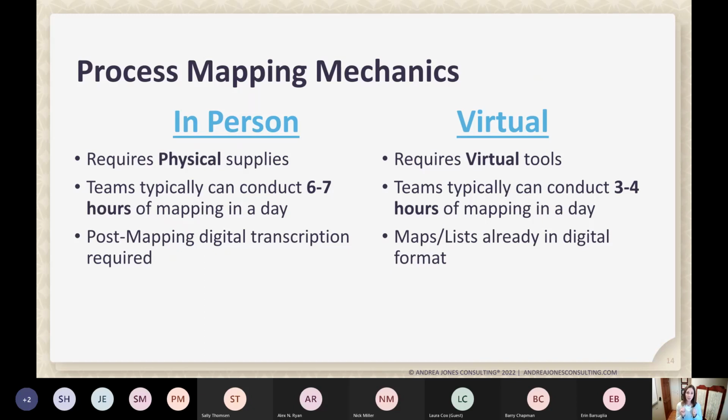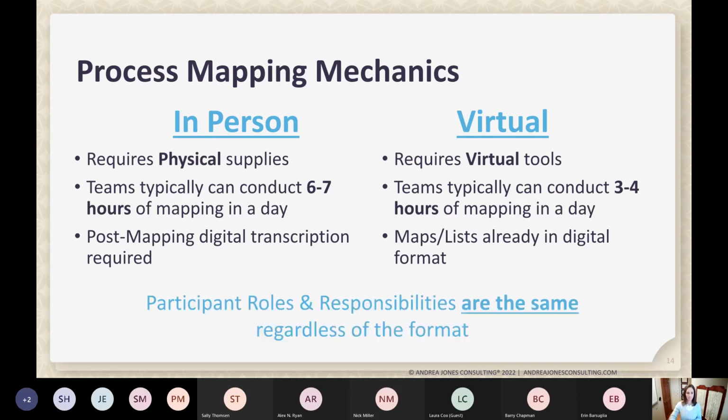So if you're just writing it down, you've got to do it digitally afterwards. In a virtual environment, by nature of doing it virtually, you already have it in that format. So that's actually kind of nice. But the participant and the roles and responsibilities of the participants, including the facilitator and the scribe, they're the same regardless of what you're doing, which medium you're using.